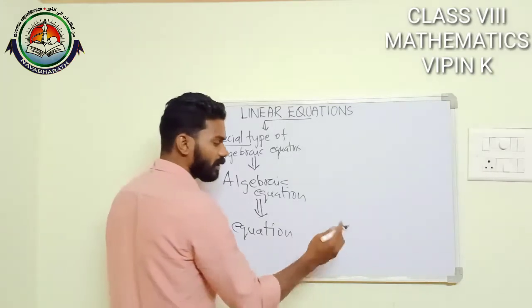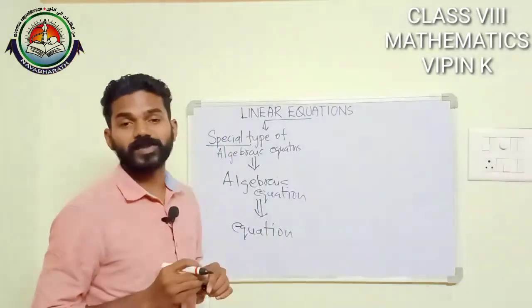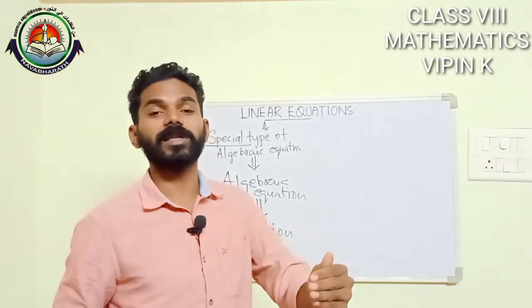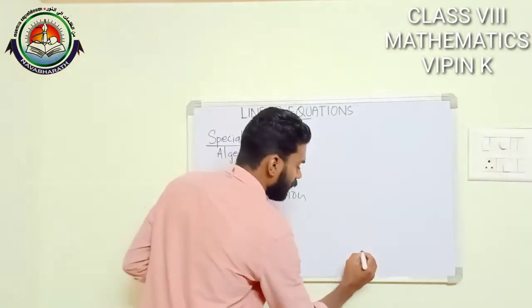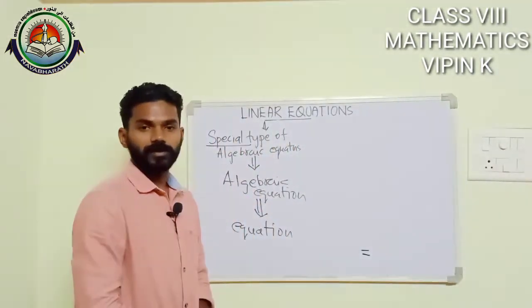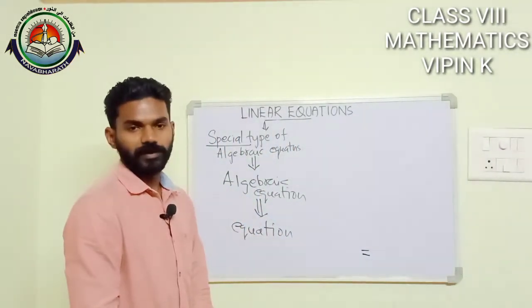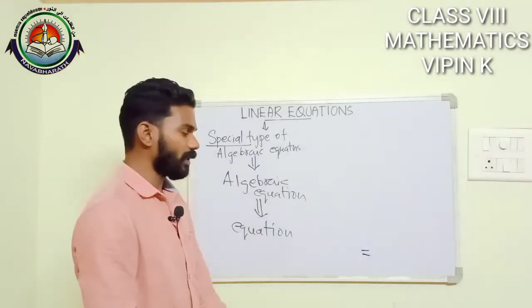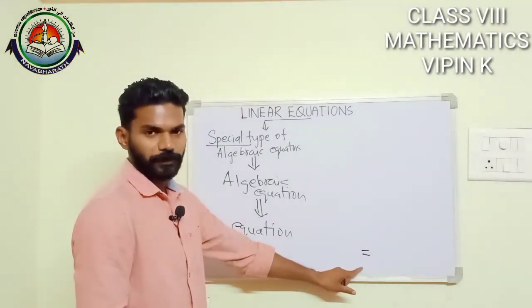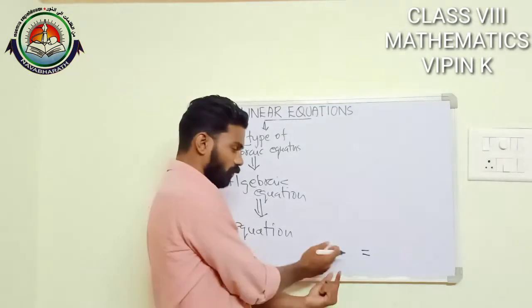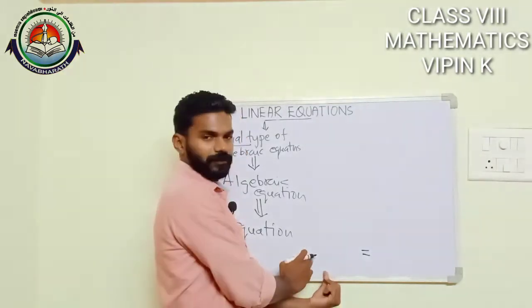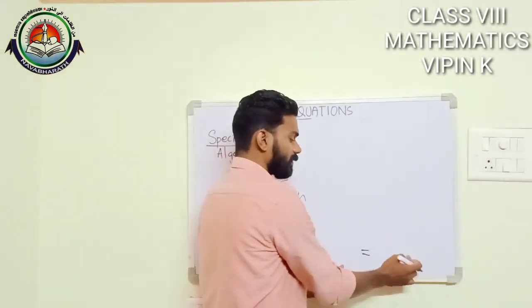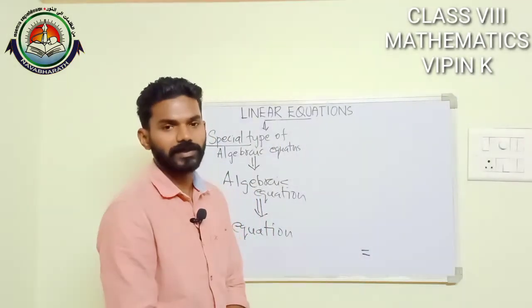An equation is a mathematical sentence that is written using an equal sign. The peculiarity of an equal sign is that there are two sides, a left hand side and a right hand side.